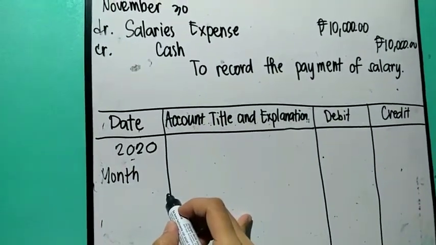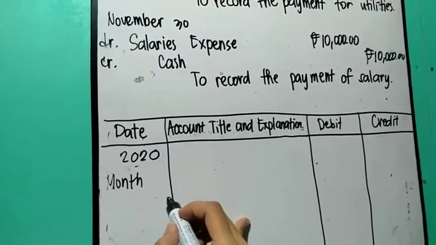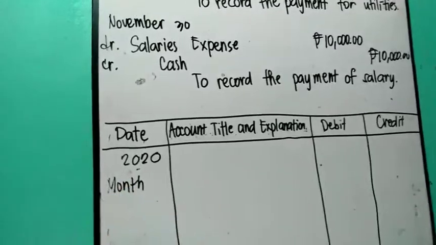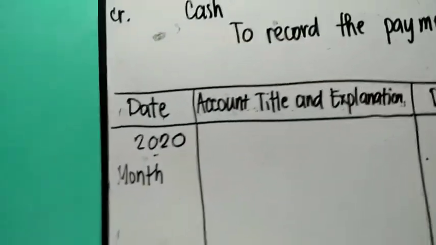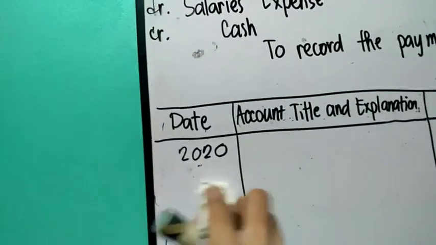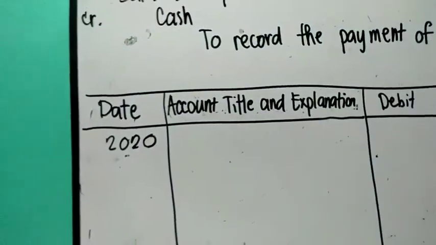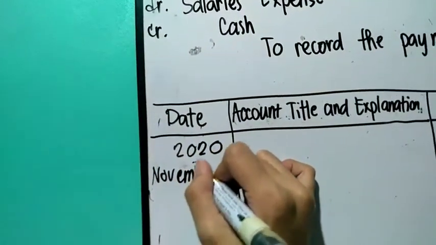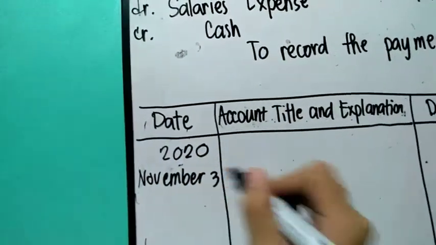And then when the first transaction happened, it was in November 3. So for your month, let's erase it and change it to November. And then 3.